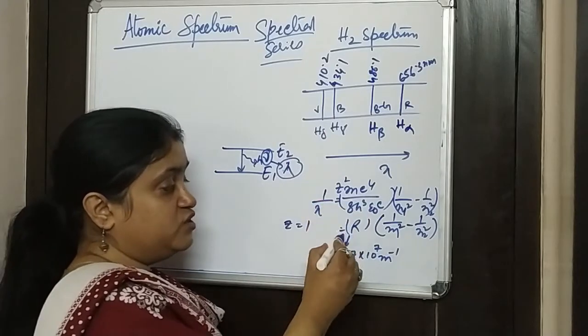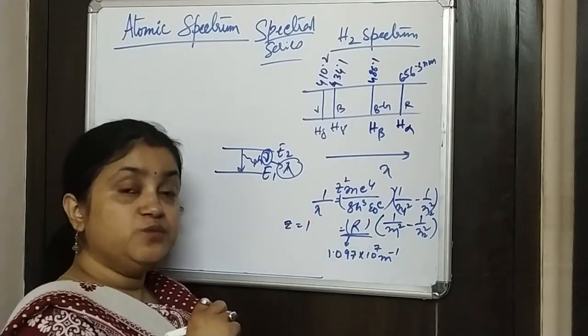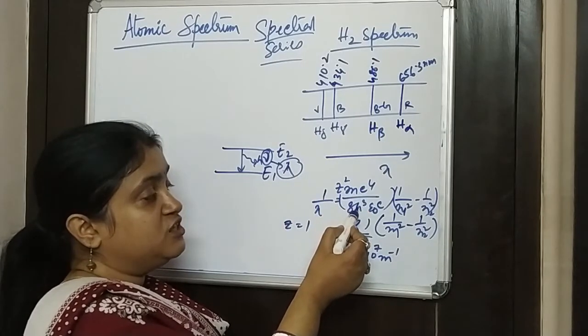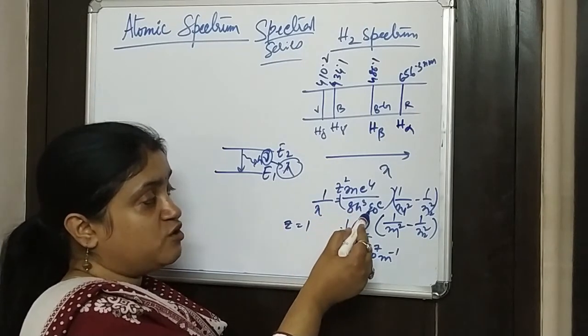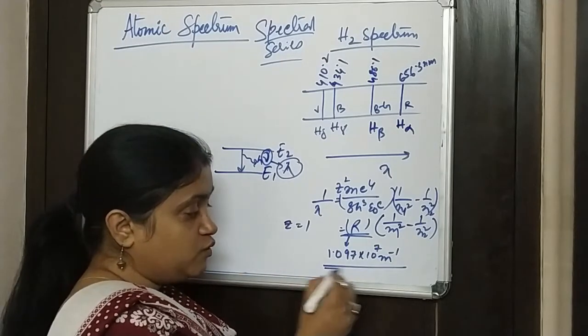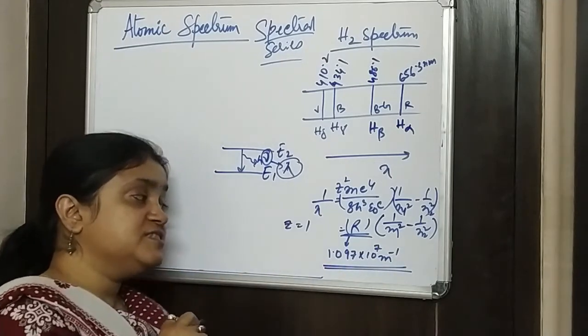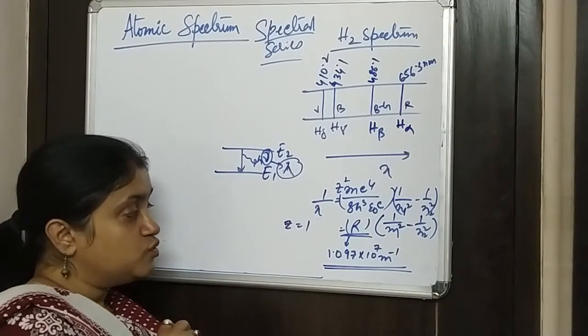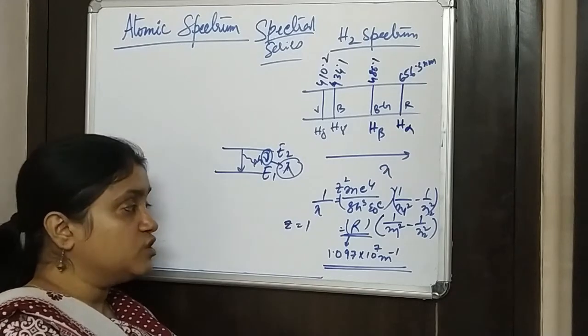This constant, which we call the Rydberg constant, is equal to m e to the power 4 by 8 h cube epsilon naught c, and its value is 1.097 into 10 to the power 7 per meter. So this is what is called the Rydberg constant.